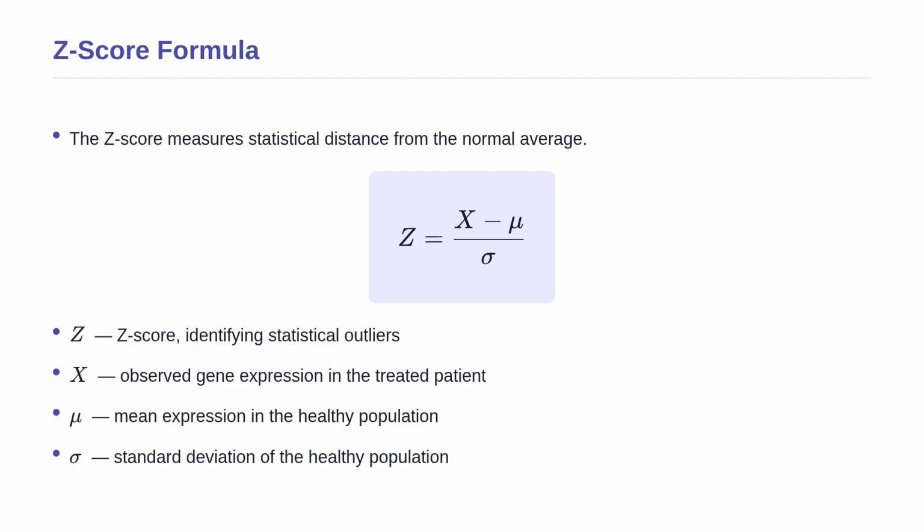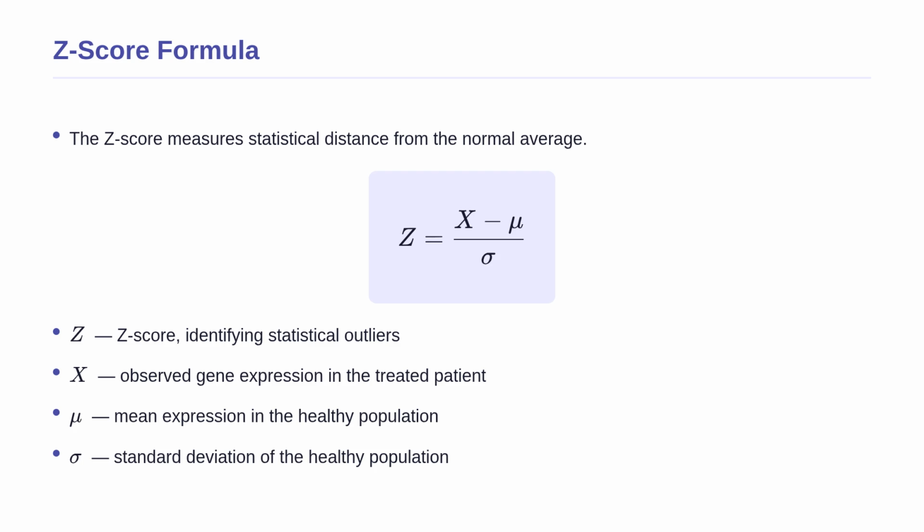To measure that statistical significance, we use a standard tool from biostatistics. This is the z-score formula, which is heavily used in functional genomics to identify outliers. Let us break down the symbols. Z represents the z-score, which is our measure of statistical distance. The variable x is the observed gene expression in our treated patient.